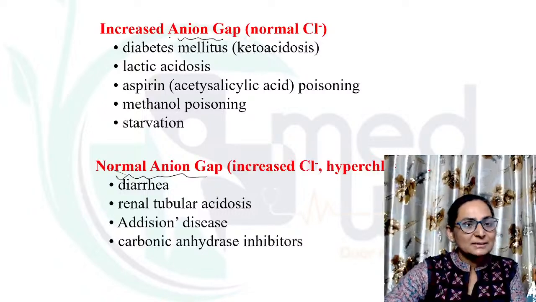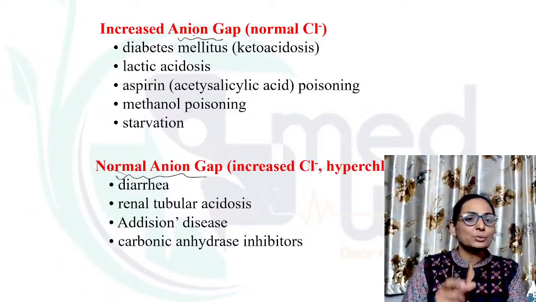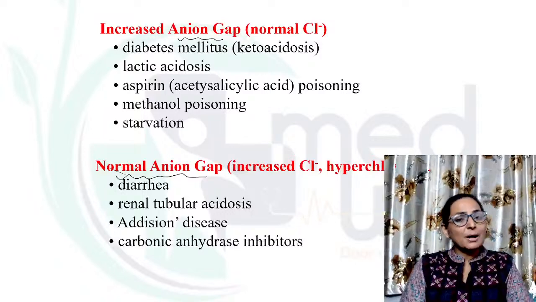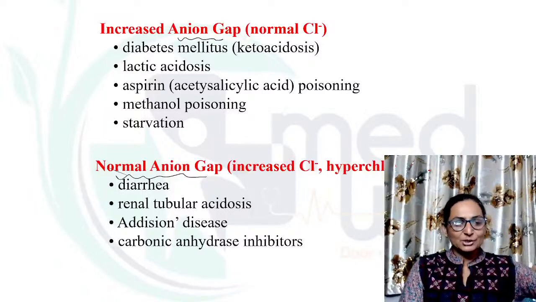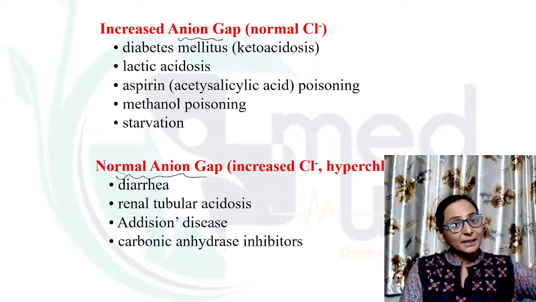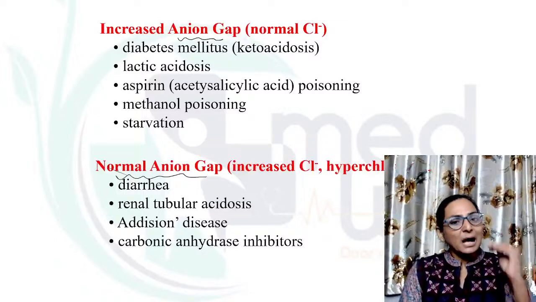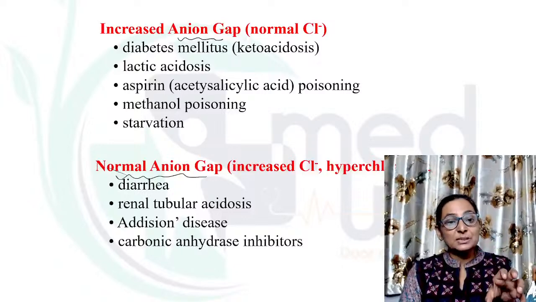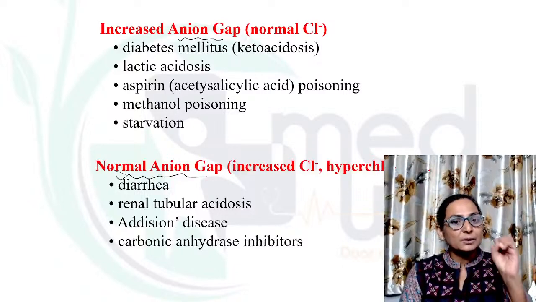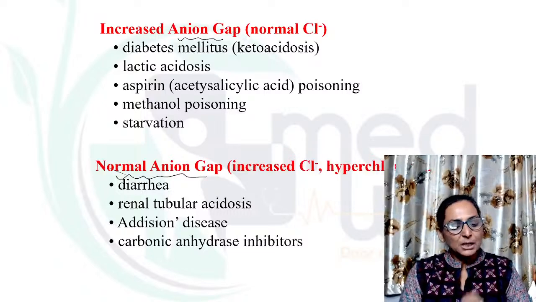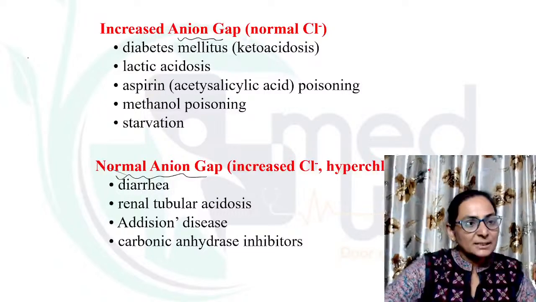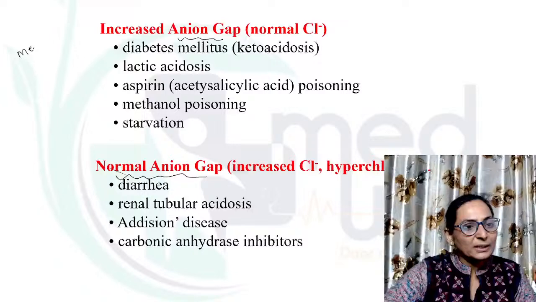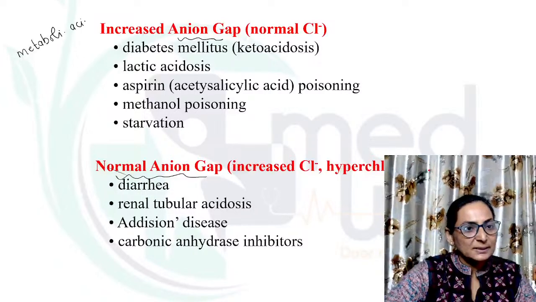Anion gap is going to be increased whenever the unmeasured anions, your phosphate, lactate, rise. So whenever unmeasured anions increase in any particular acidosis, it is going to result in an increase in the anion gap. Just understand this.